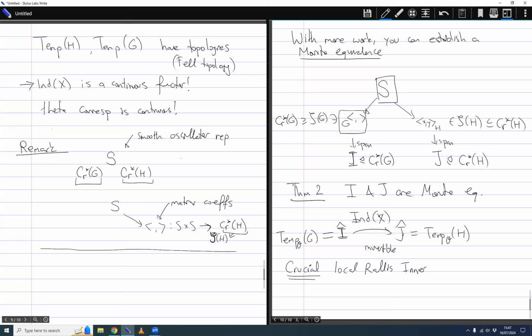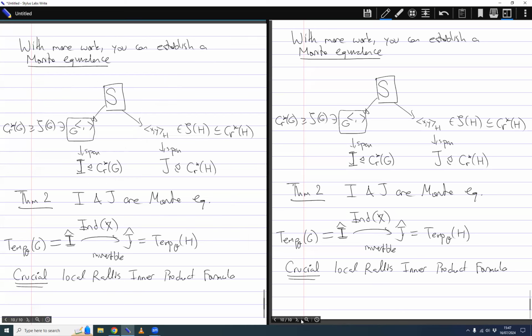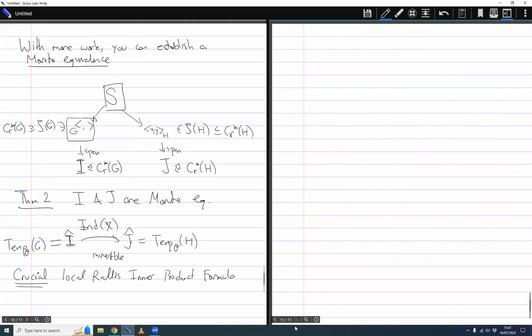There's a local version of that by Gan and Ichino, the local Rallis inner product formula. And it turned out that that's precisely what was needed to show this. It was a very interesting result, how it just fit like a shoe, and it worked. And okay, so maybe I should wrap this up, right? 50 minutes now. Yeah, is that right? Yeah, I'm going to wrap it up.